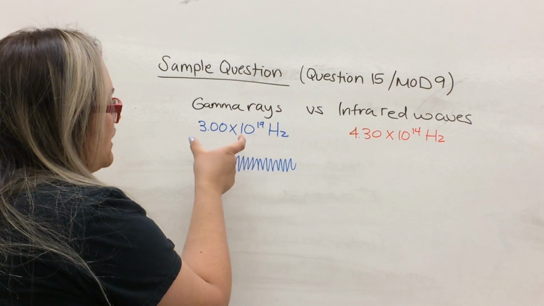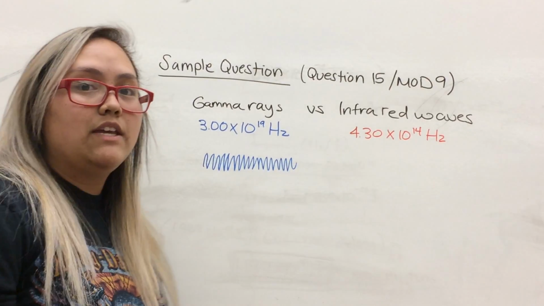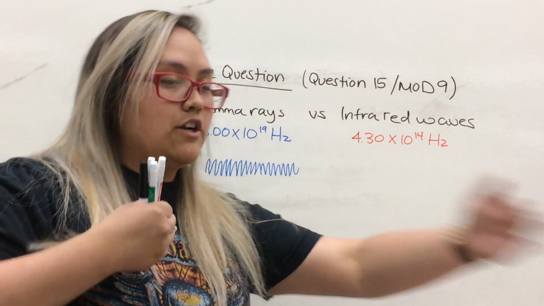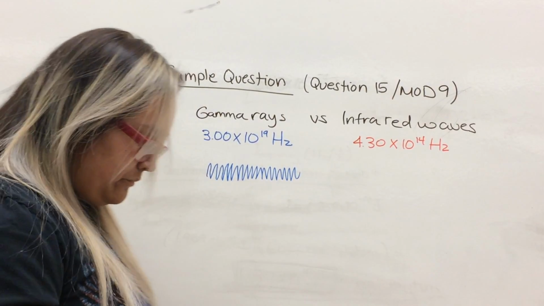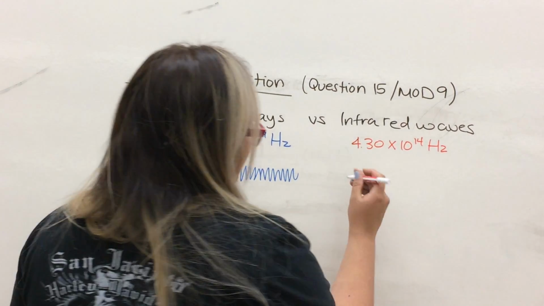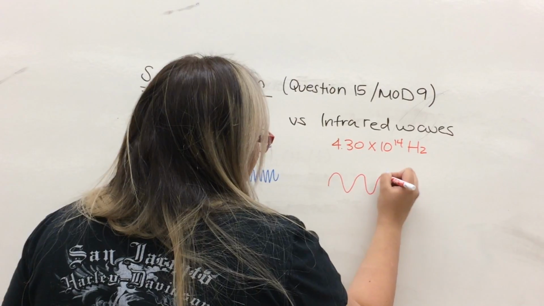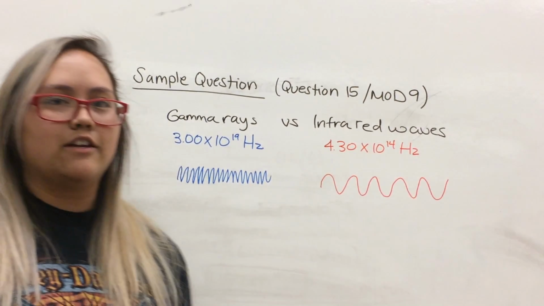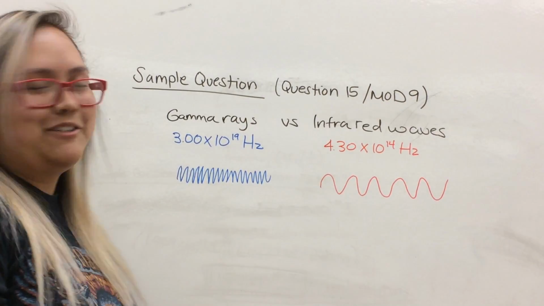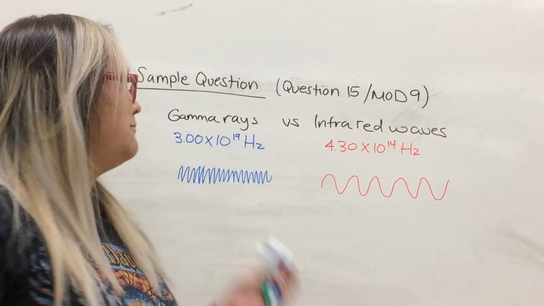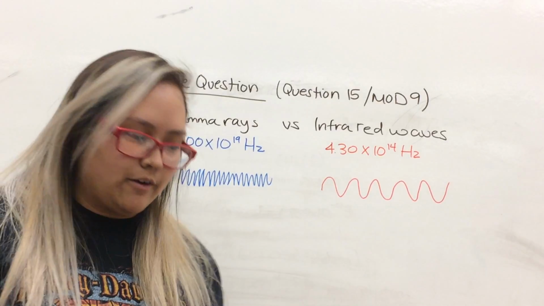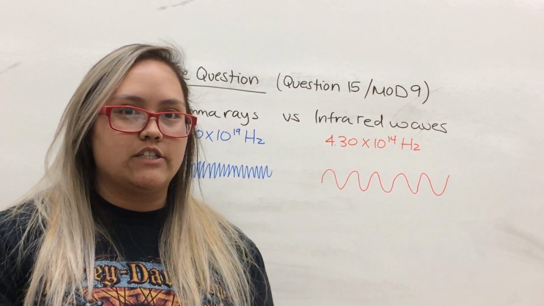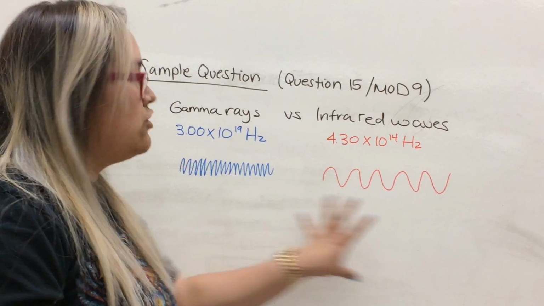And then infrared waves will look something like this. These aren't to scale. I'm pretty sure they'll look totally different, but it's just to pictorially get what's going on. So we want to compare the energies of the photons of these two waves.